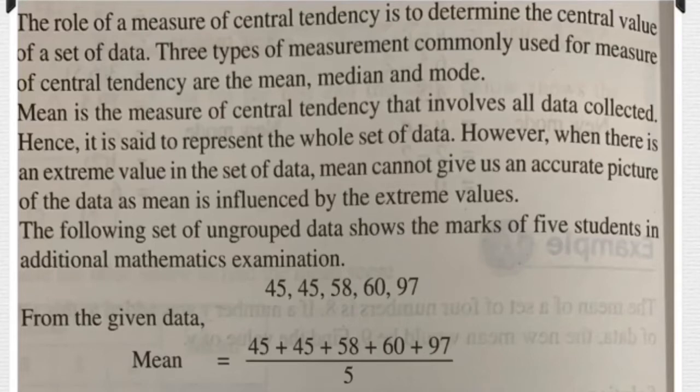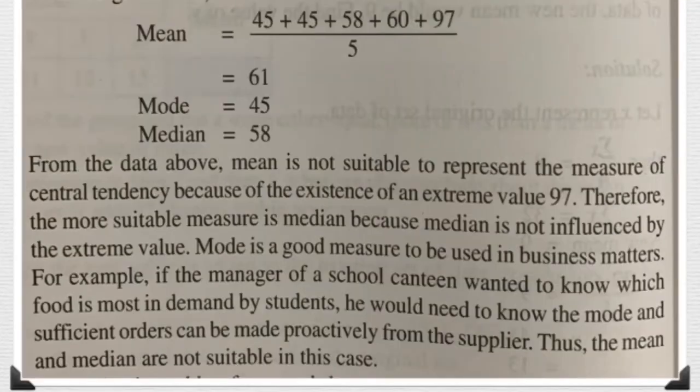We find the mean is 61, mode is 45, and median is 58. Mean is not suitable to represent the central tendency because of the existence of the extreme value 97. Therefore, the more suitable measure is median, because median is not influenced by the extreme value.